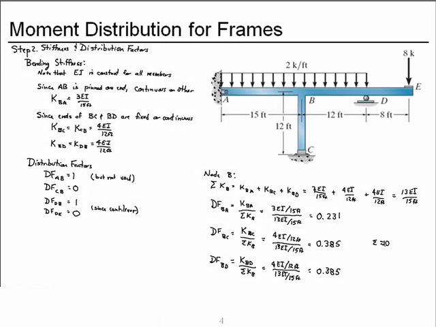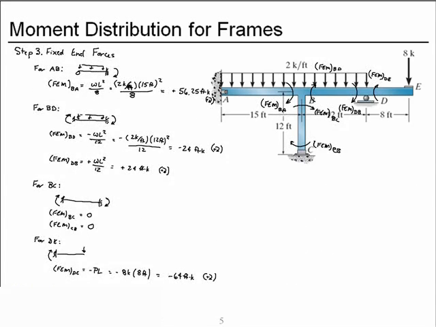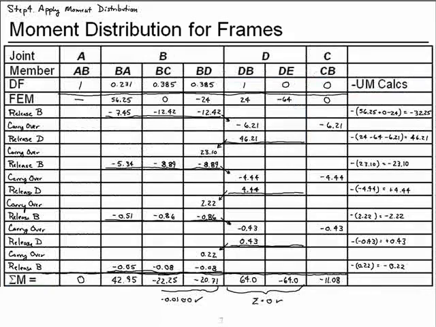We then calculated the bending stiffness for each member, and we noted that member BA can be represented as fixed on one end, pinned on the other, and we used the modified stiffness, which also means that we did not need to have any carryover from B to A or any fixed end moments calculated for point A. We then calculated the distribution factors, calculated the fixed end forces, consolidated them in a worksheet, and began iteratively applying the moment distribution method.